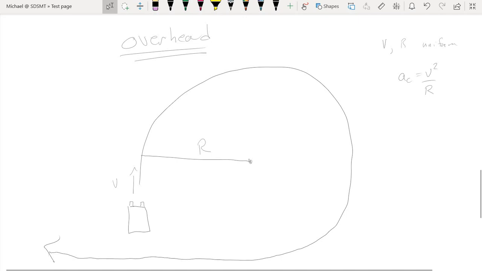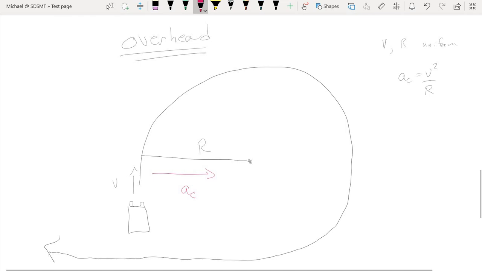Your answer would be, well, I just slightly turn the wheel, and that allows me to travel. But that's not an answer to the question. If you're going to travel in a circular path, there has to be something that is causing you to accelerate towards the center of the circle. And that means there has to be some force present.